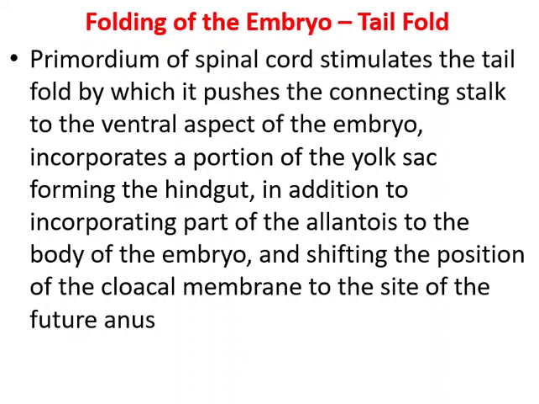As in the head fold, in the tail fold we also have many structures pushed ventrally, resulting in formation of the hindgut, and shifting of the cloacal membrane to the side of the future anus.